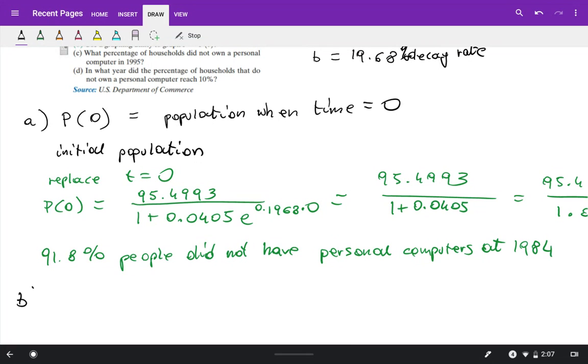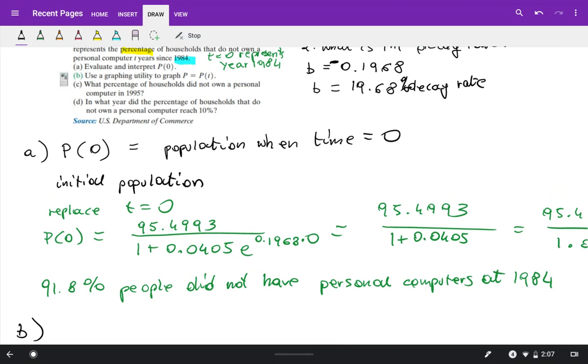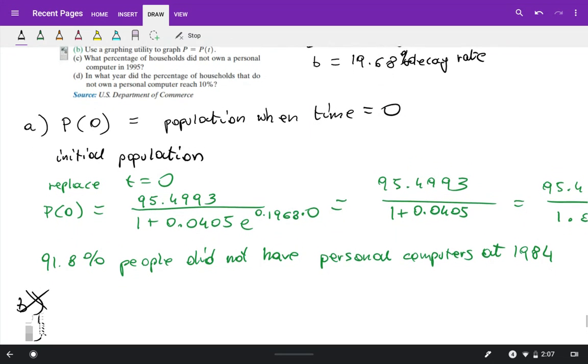Let's solve B. For B, use the graph utility to graph it. I'm not going to graph that by hand. Again, I'm not asking you to graph it, so skipping B, since you need a graphing calculator.